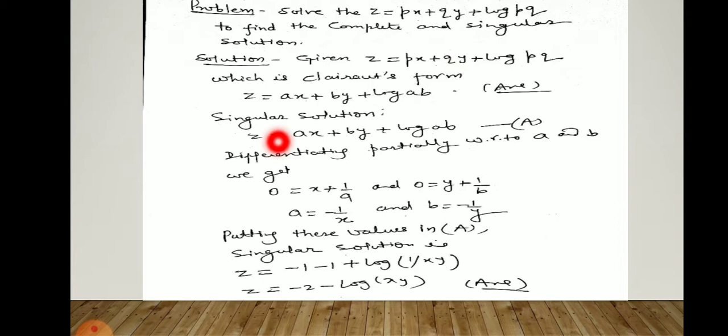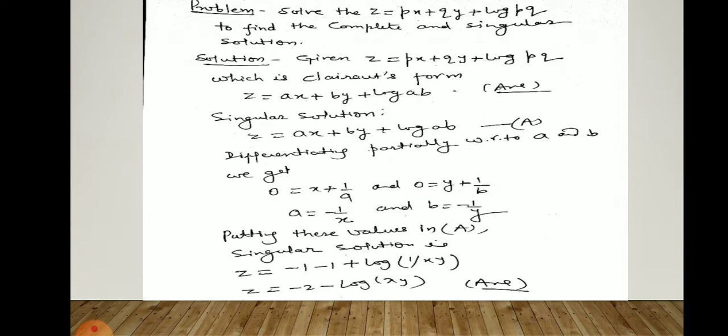So the complete solution is z is equal to ax plus by plus log ab. Now to find the singular solution, we differentiate partially with respect to a and b. Then we get 0 is equal to x plus 1 upon a and 0 is equal to y plus 1 upon b. So a is equal to minus 1 by x, b is equal to minus 1 by y.